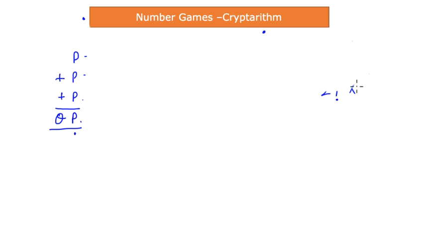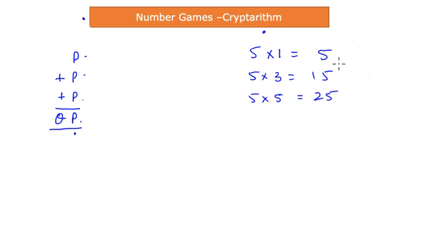What is that one number that when you add an odd number of times gives you the same number in the ones place? The answer is the number 5, because when you add 5 one time, it gives you 5. When you add 5 three times, it gives you 15. When you add 5 five times, it gives you 25. See, each time you are getting the same number that you have been adding multiple times, and that same number appears in the ones place, right?